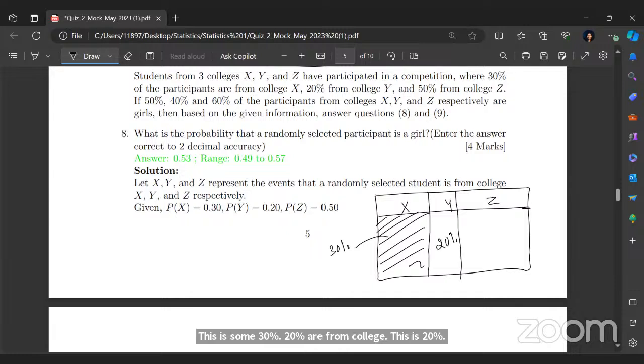And 50% of the participants are from college Z. So this is 50%. This is what my sample space is.